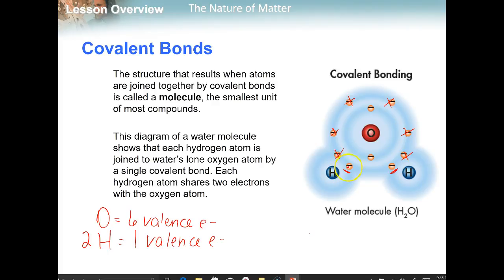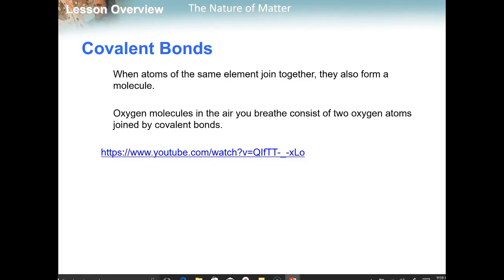And as I said, this electron will spend some time spinning in the orbit of the hydrogen, then it'll spin in the orbit of the oxygen, and it'll spin in the orbit of the other hydrogen, and it will continue around like this, where the electrons are going to be shared and not exchanged. And that's what covalent bonding is.